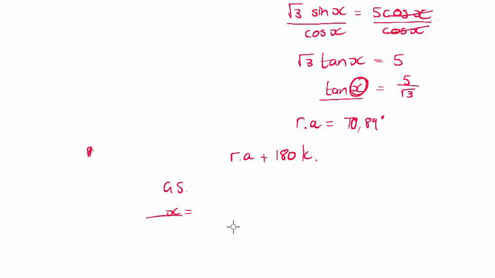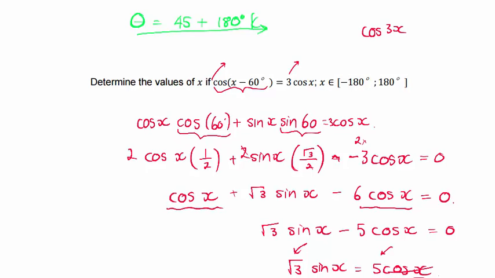In this case it's just an x, so that's great. Reference angle is 70.89 degrees plus 180 degrees times k, where k is an element of integers. Well, that just means I'm going to add 180 once, twice, 3 times.